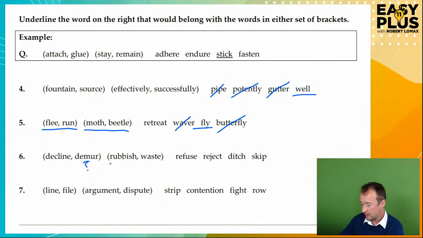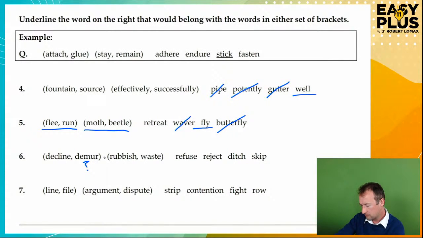Rubbish and waste. Okay, so rubbish can be a verb as well, like you rubbish someone's idea, you say, that's a stupid idea, I'm not going to listen to the rest of what you have to say. Waste can be a verb as well, to waste something. But they've got quite different meanings as verbs. They've got very similar meanings as nouns. Rubbish and waste are both things that go in a bin or skip.